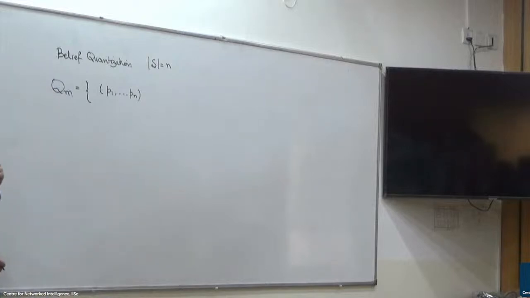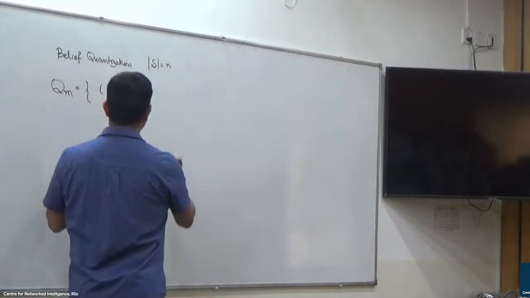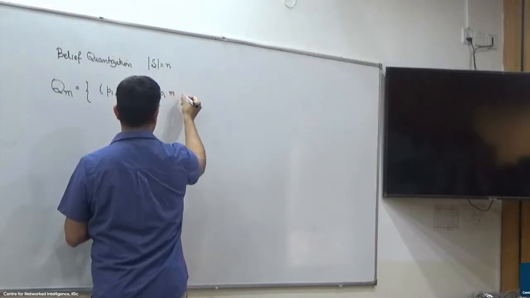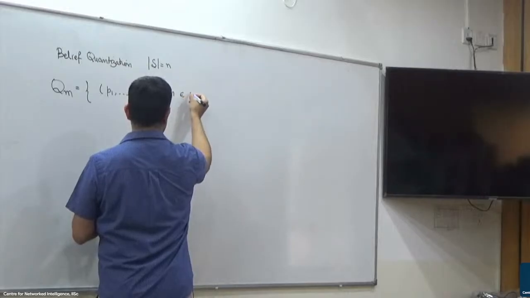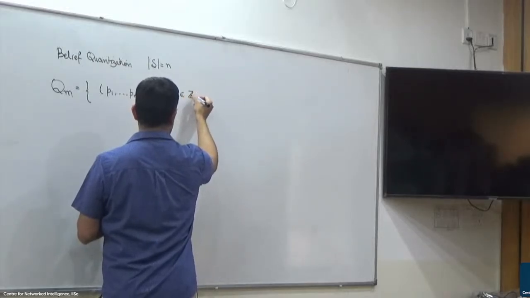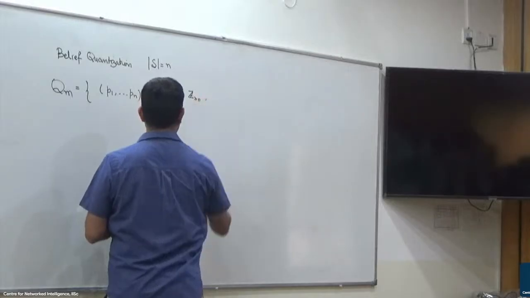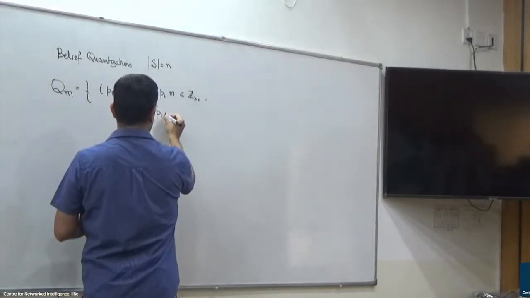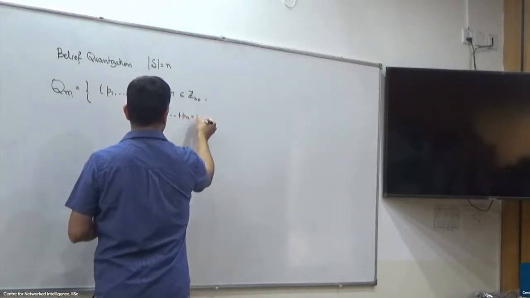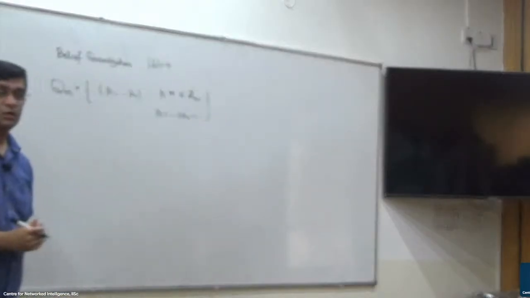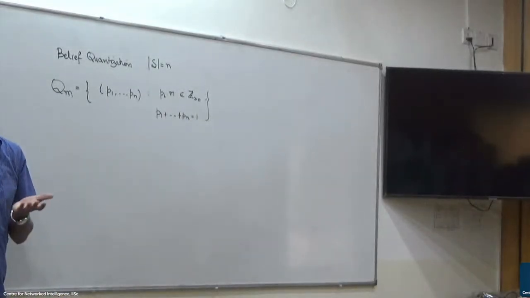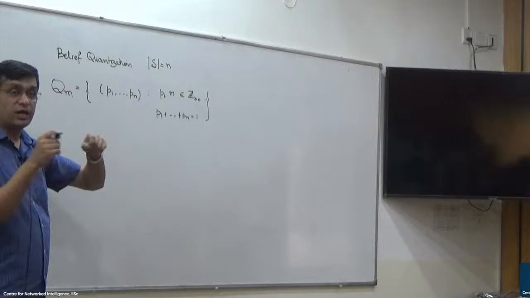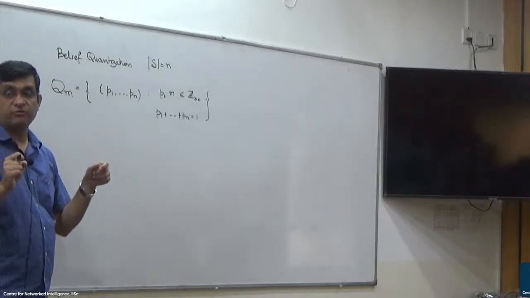And I want to do belief quantization in such a way that Pi multiplied by m is a non-negative integer, and P1 till Pn is equal to 1. This is the most natural way to quantize distributions. So if m is equal to 10, I'm quantizing distributions such that the denominator is 10 for everyone.